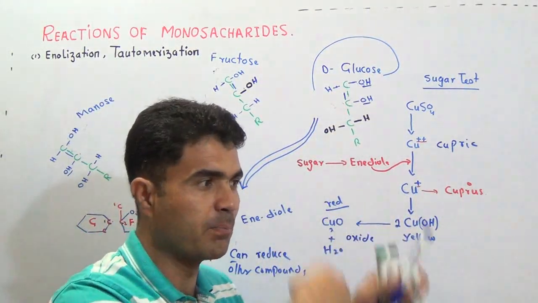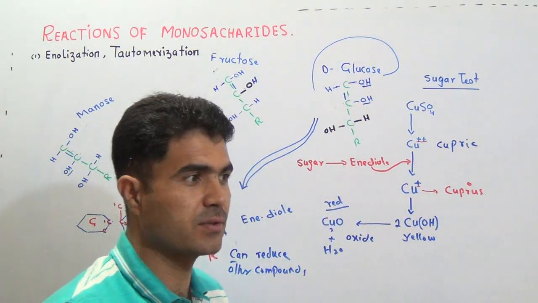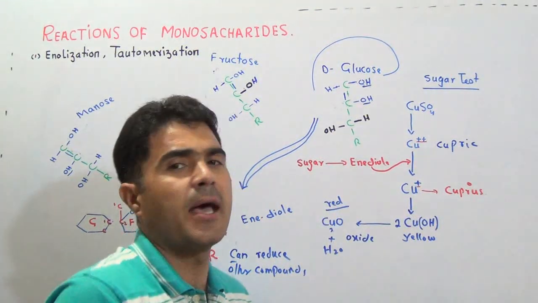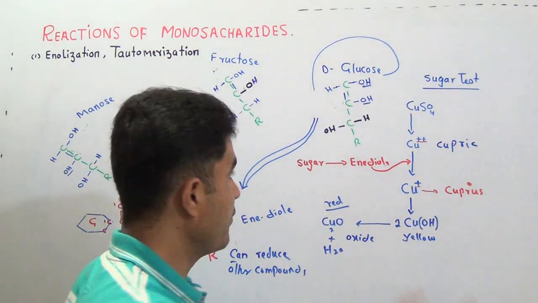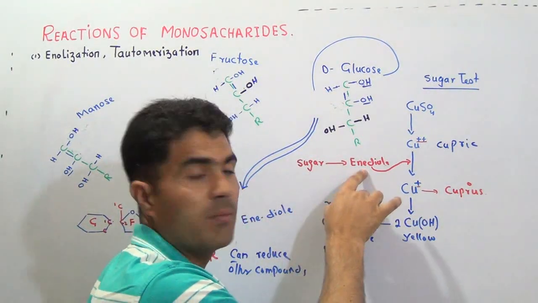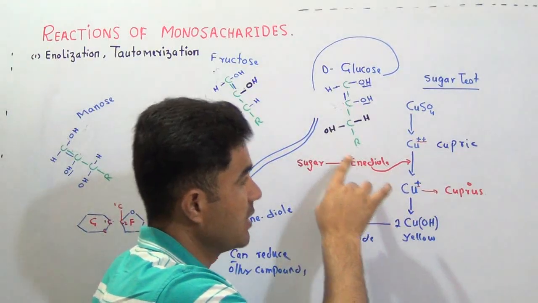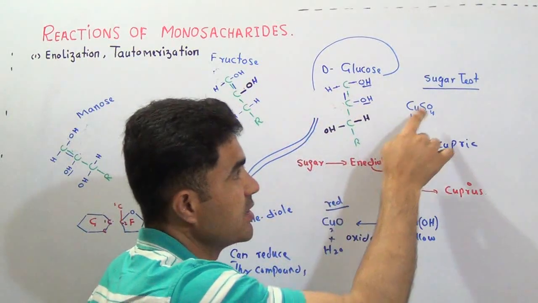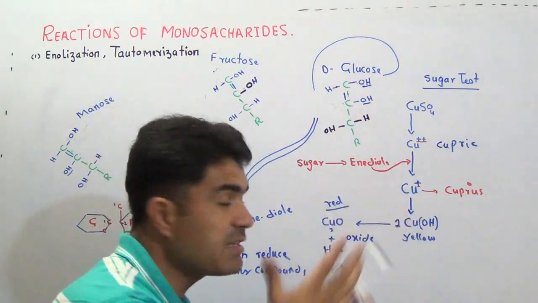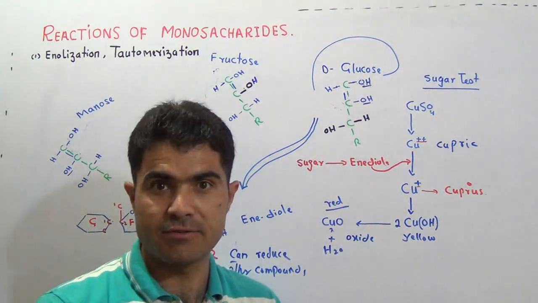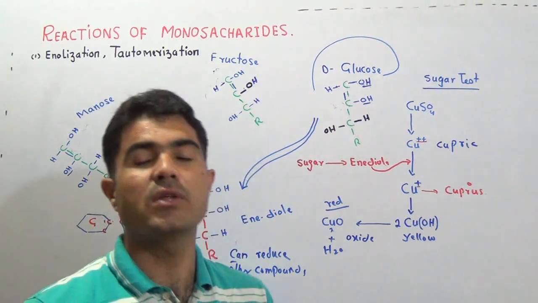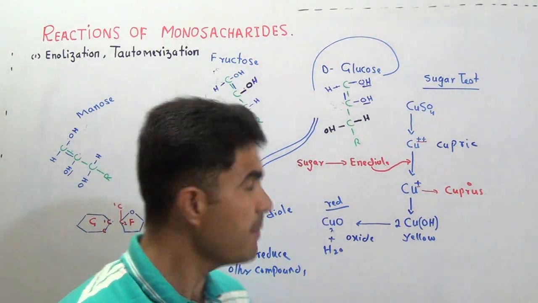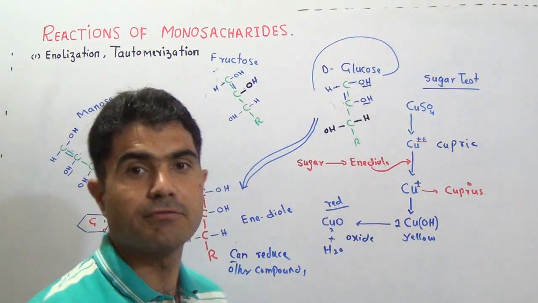in the sample, because in the laboratory test we just take a sample and we want to check whether it contains sugar or not. If it contains sugar, it must form an enediol, and if it makes enediol, it must reduce copper sulfate. So this is the basis of the identification test for a carbohydrate, whether you take Benedict's test or Fehling's test.